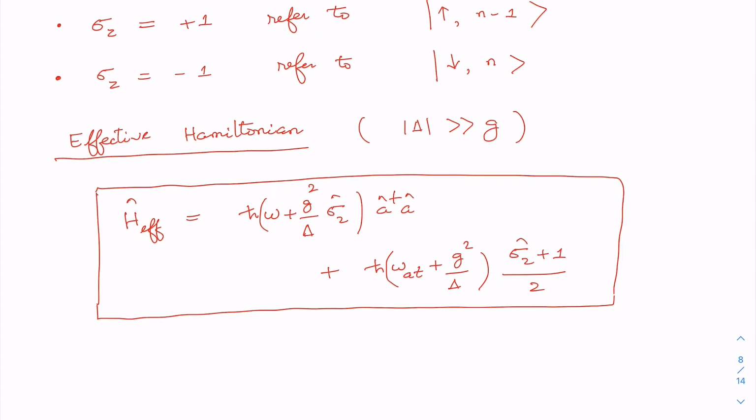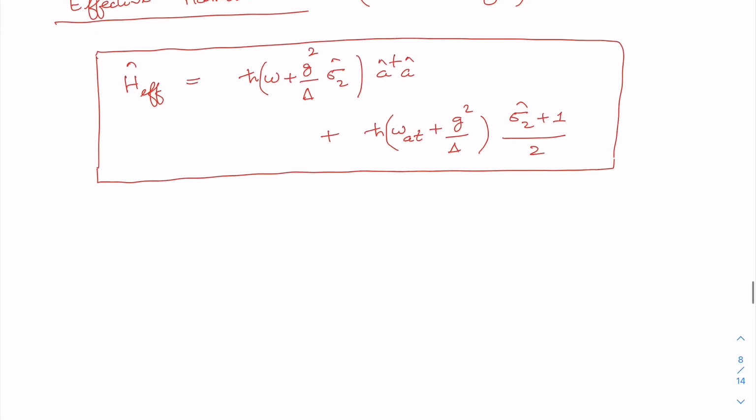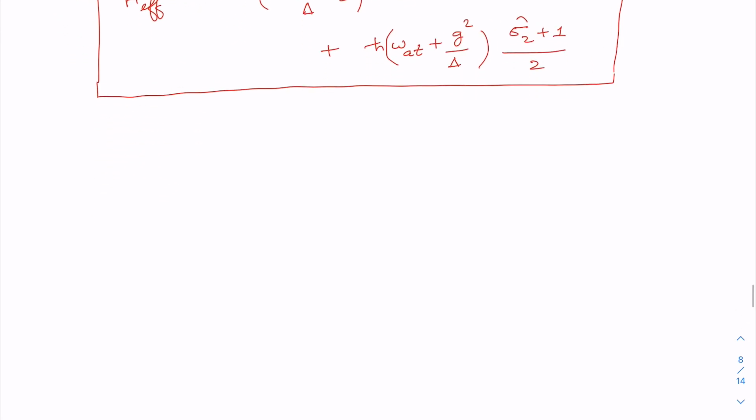The standard setup for circuit quantum electrodynamics, which we already discussed earlier, is as follows. We have a transmission line resonator.